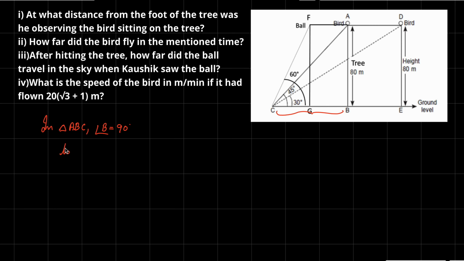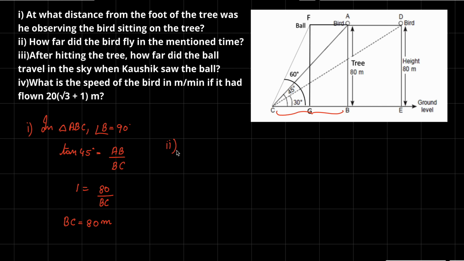So the appropriate function is tan 45 degree, which will be opposite by adjacent, so AB by BC. 1 is equal to, which is the value of tan 45, AB is given to us as 80, BC is what we are trying to calculate. So here we get that BC is equal to 80 with the right units, that is meters. And this solves our first part.